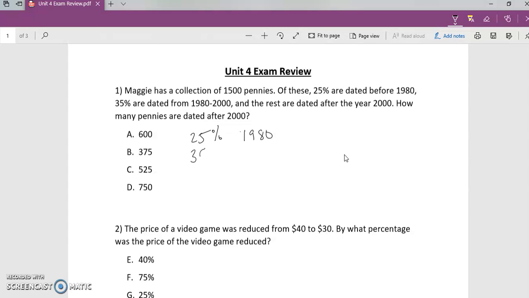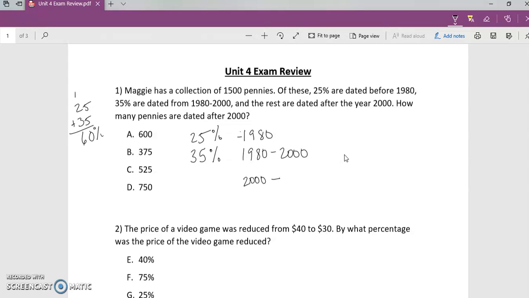35% are dated from 1980 to 2000, so that's the other 35%, and it says then the rest are dated after the year 2000. So when I have 25% and 35%, 25 plus 35, 5 plus 5 is 0, the 1 carries up, 2 plus 3 is 5, plus that 1 is 6.